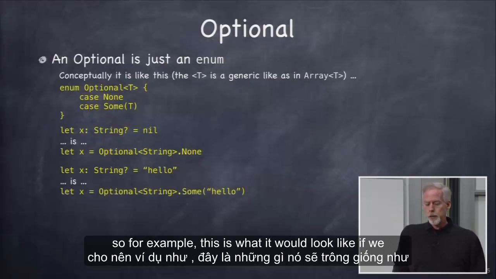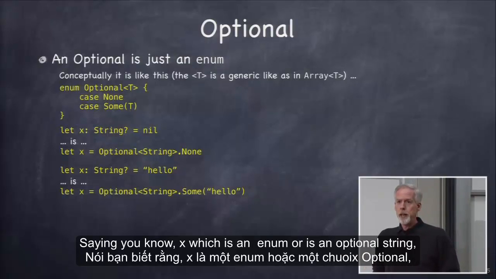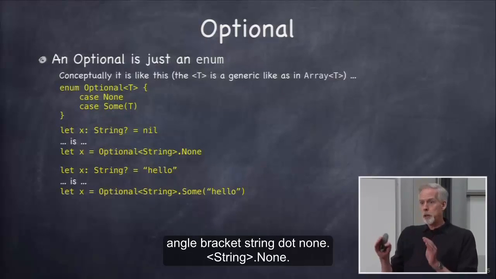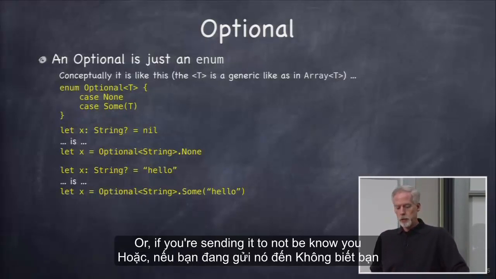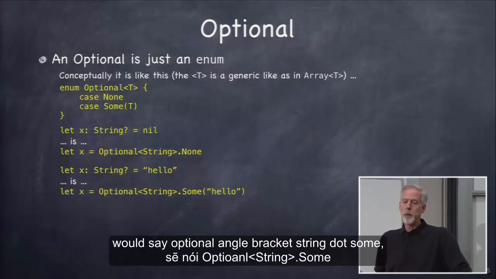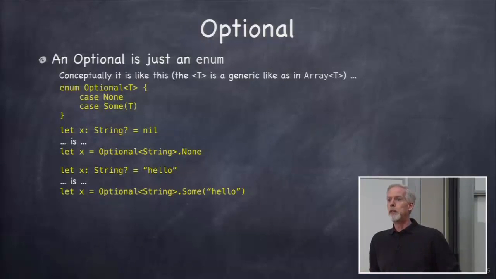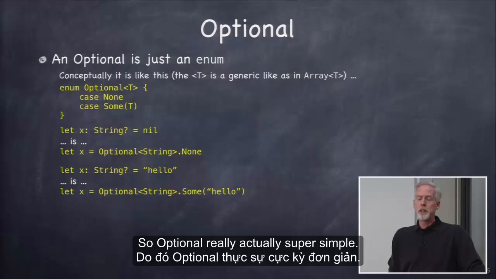And so, for example, this is what it would look like if we used the enum notation to do an optional, saying, you know, x, which is an optional string equals nil, would just be saying x equals Optional<String>.None. Okay? Or if you're setting it to not be none, you would say Optional<String>.Some("hello"), the associated value, which would be hello. Does that make sense? So optional is really actually super simple.